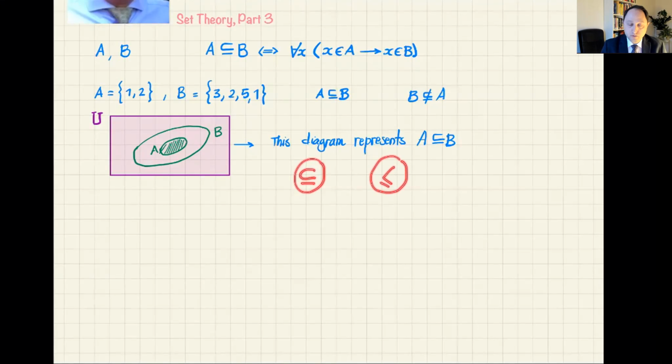Do you remember what I told you before? There is a fundamental difference between this relation for two sets and this relation for two numbers. Anyone remember what I said before?